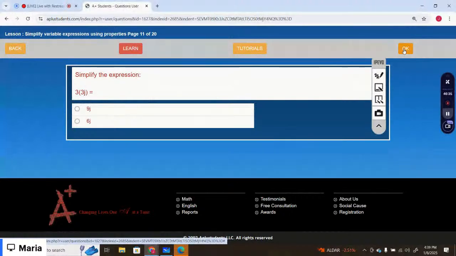Three times 3j, which is the correct option? That is 9j. Option number 1 is the correct option.